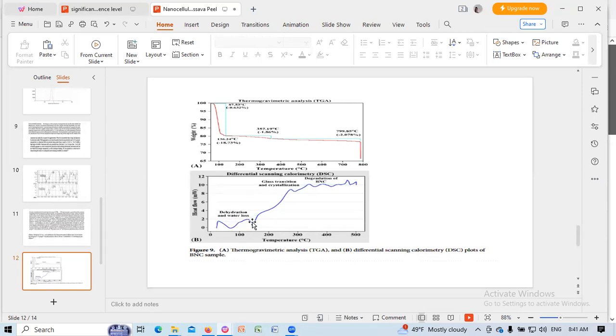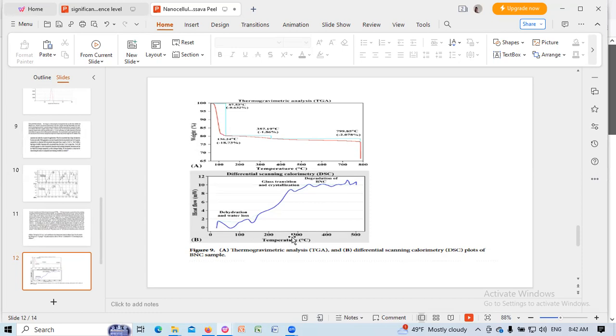The range 357.19 to 415.43 degrees Celsius is degradation, and 470.88 degrees Celsius is stabilization and structural stability.